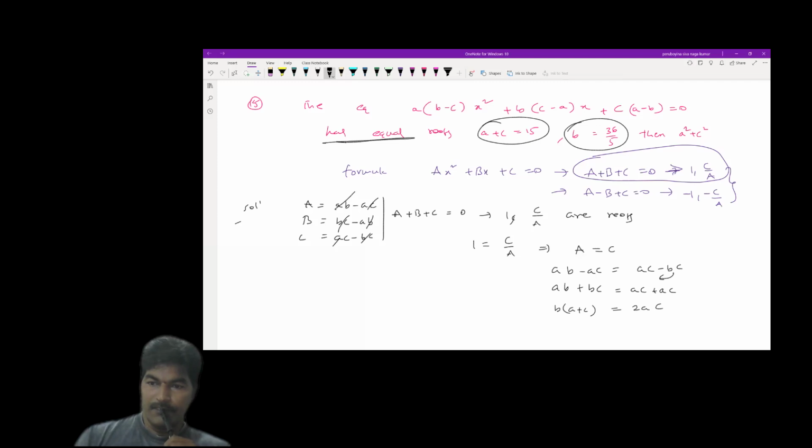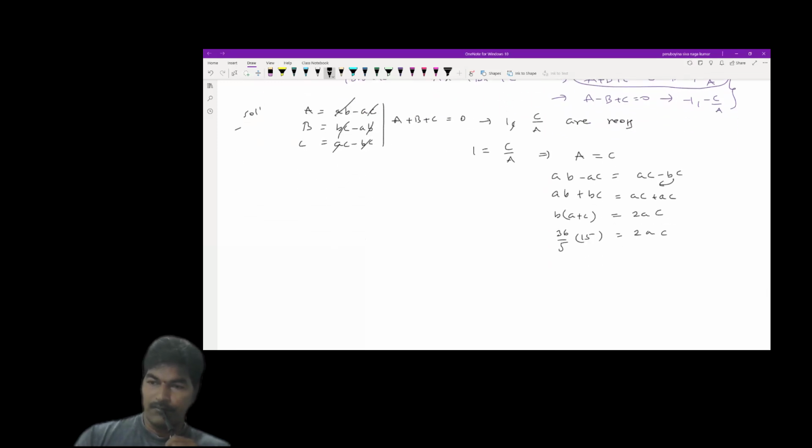And a plus c is 15, b is 36 by 5. Write down the values. We will calculate the product from this. These cancel, 18 and this cancel, 3 times 18 is equal to ac. 18 threes are 54. So ac equals 54.